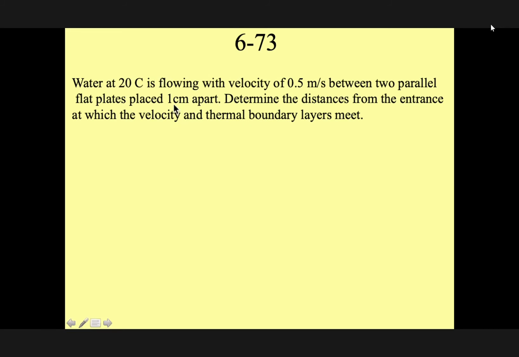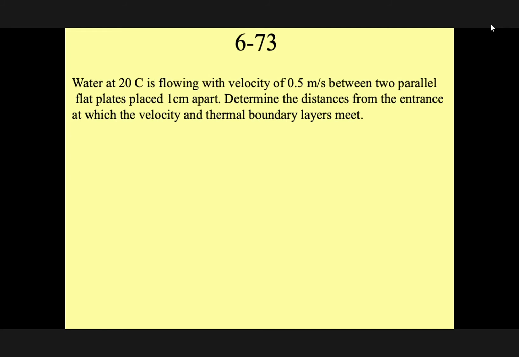The distance between the two parallel plates is 1 centimeter. Determine the distance from the entrance, x equals 0, at which the velocity profile and the thermal boundary layer meet.